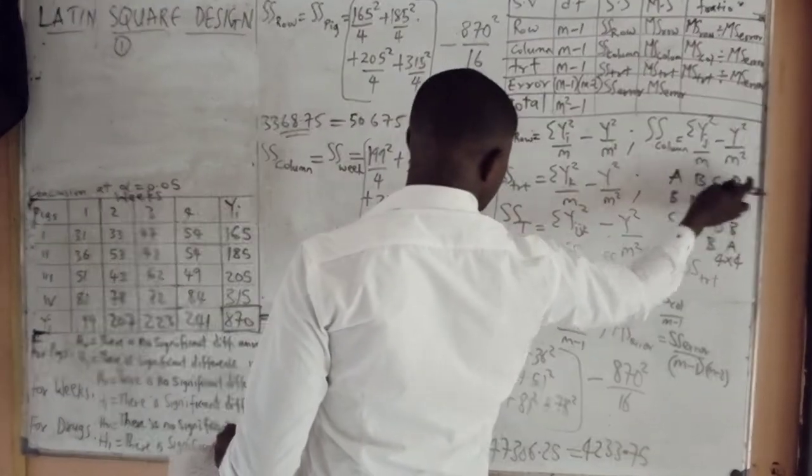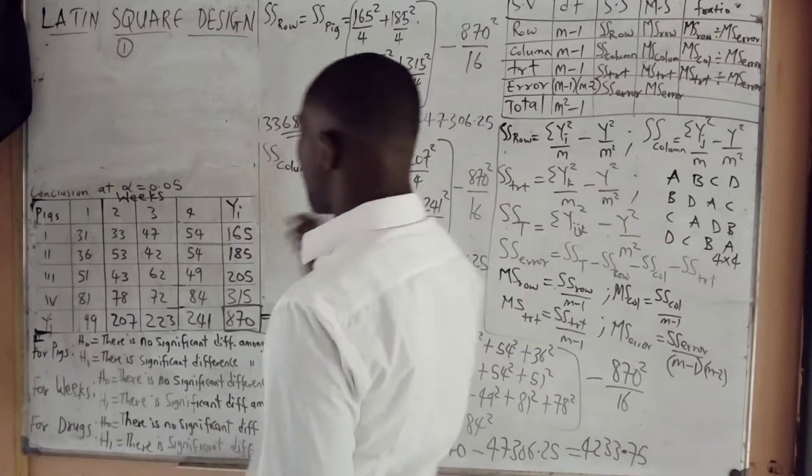Randomizing, say A, B, C, D, A, B, C, D, A, B, C, D. So we follow that pattern.